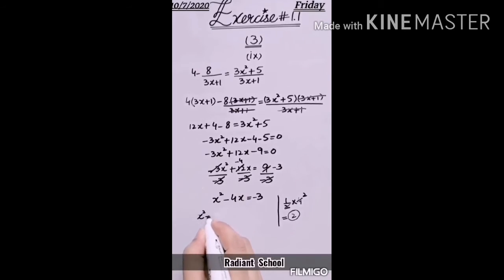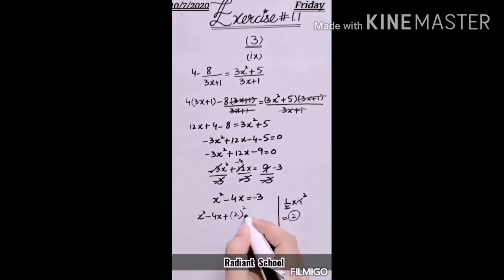To x square minus 4x, the new number whole square, you have to add on both sides. Minus 3 plus 2 whole square. We have to add the square on both sides.